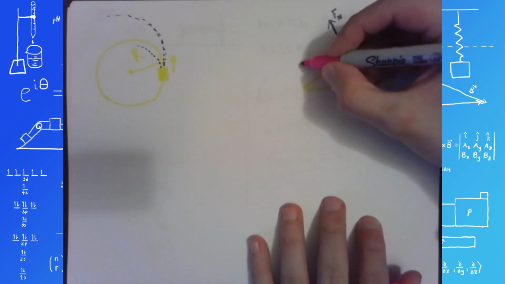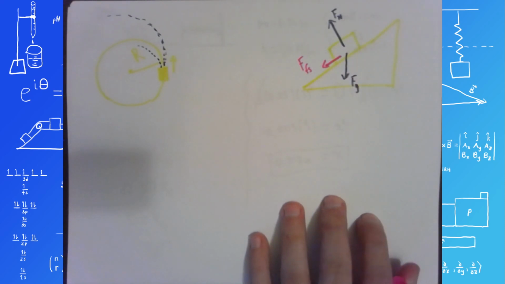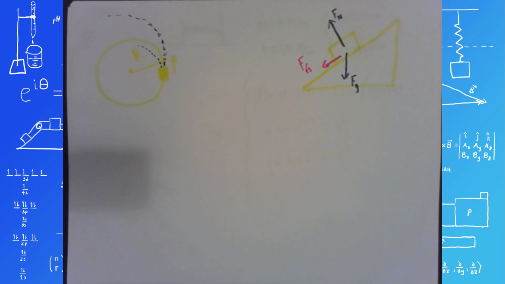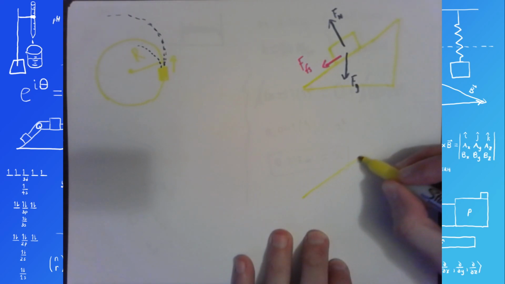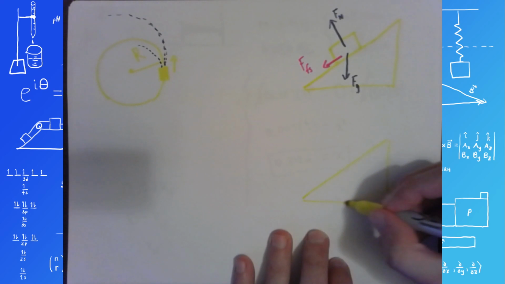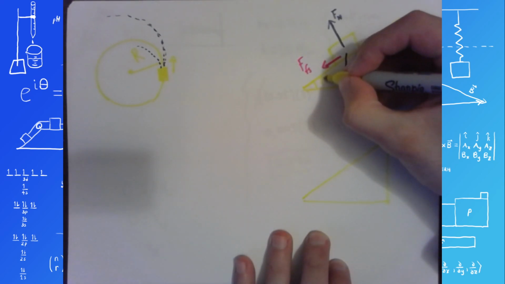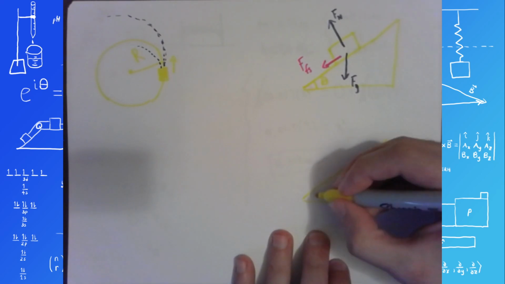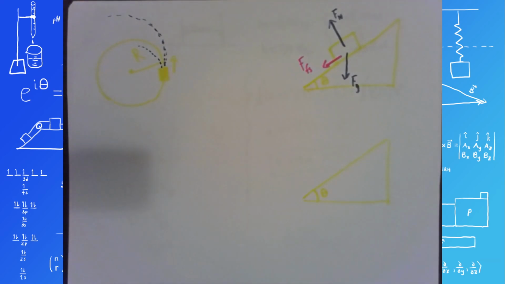So that's force of friction static that way, and then I'll draw the diagram again. Come to think of it, I forgot to label theta in the first diagram, so there we go. There's theta in our second diagram.